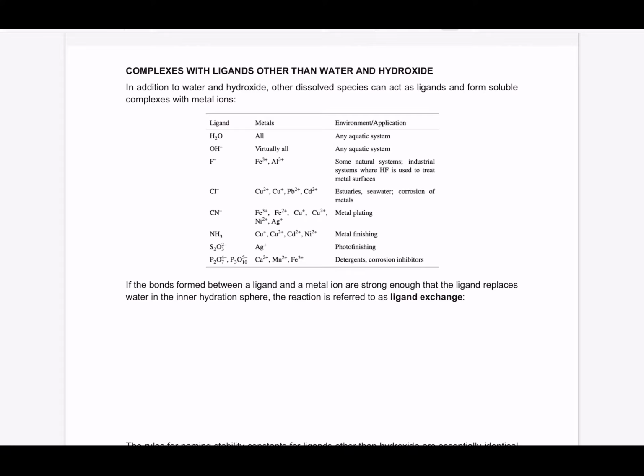Previously we mentioned that the metal in an aquatic system is always complexed with water. So when it's a metal ion, it's always surrounded by molecules of water. But sometimes if we introduce a stronger ligand, some of the water molecules will be replaced by the molecules of the new, stronger ligand. This kind of reaction we call a ligand exchange reaction.